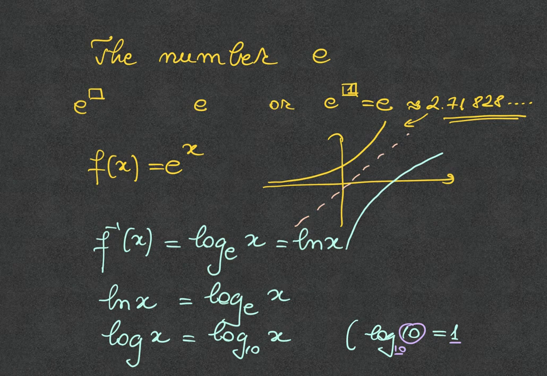Try to put in your calculator ln e squared, and you are going to see that you get 2, meaning that this base is e without being there. So that's a very simple and mechanical way of introducing e.